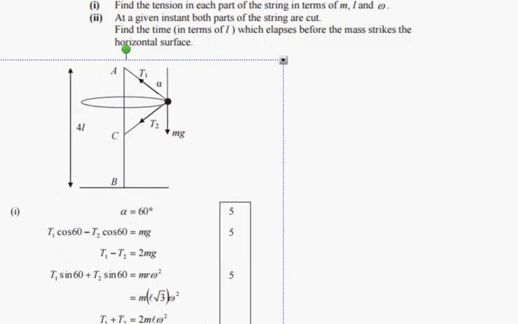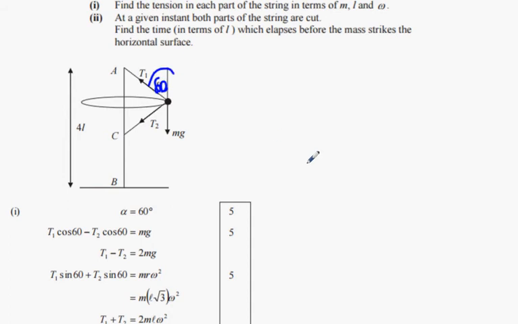So, I have my angle alpha. If that's 60, and that's 60, it means my angle alpha here will also be 60 by alternate angles. Okay, so alpha equals 60 degrees.